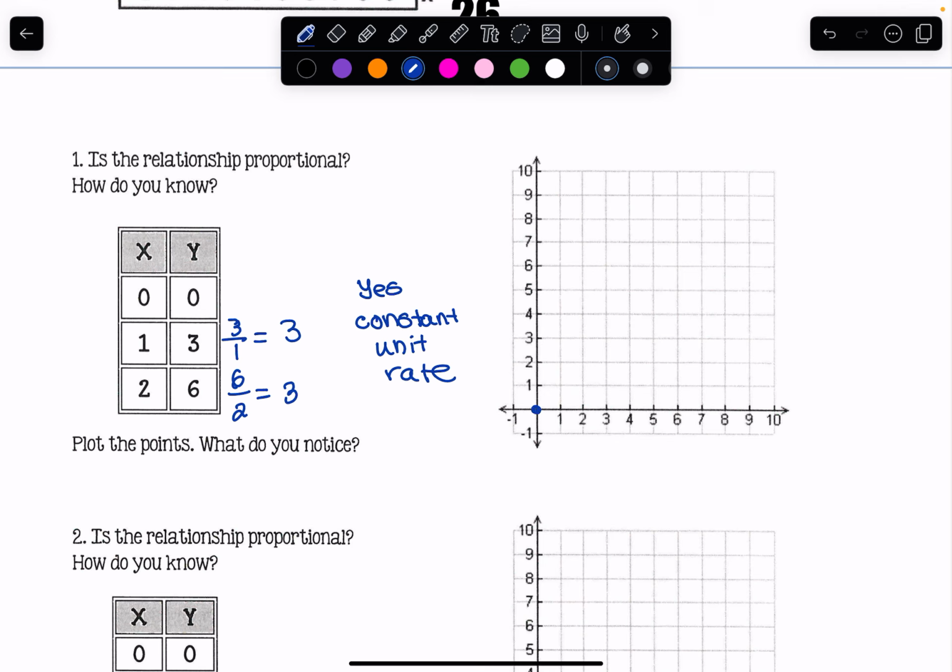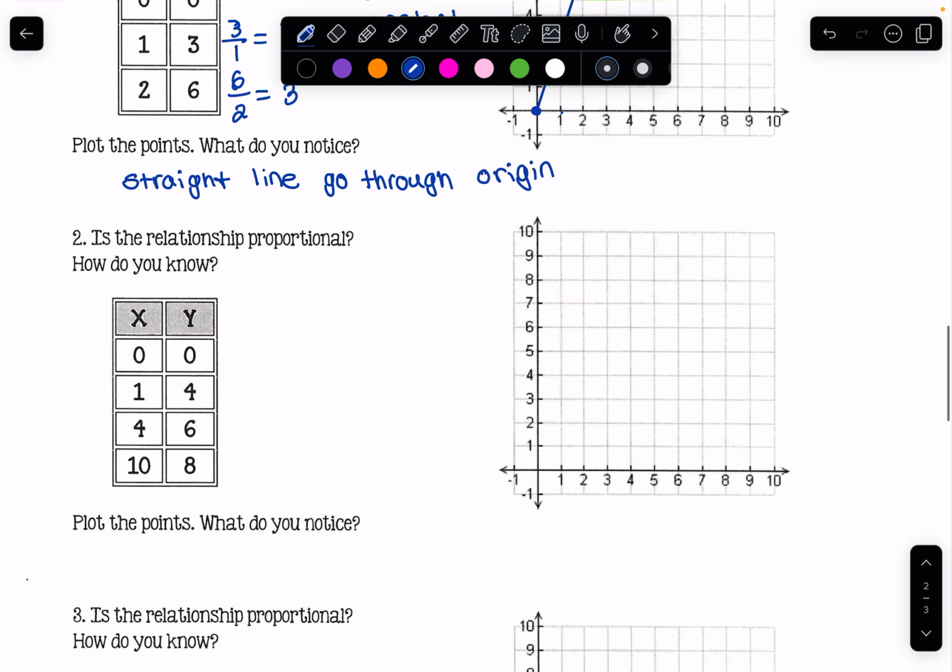For 1, 3, I go over to 1, and then I go up 1, 2, 3. For the next one, I go over to 2, and I go up to 6. And now, if I connect my points, you'll notice that they form a straight line. And they also go through the origin because we have that 0, 0 point.